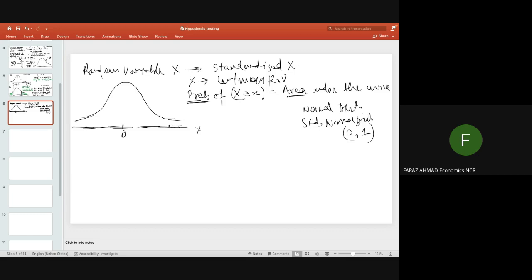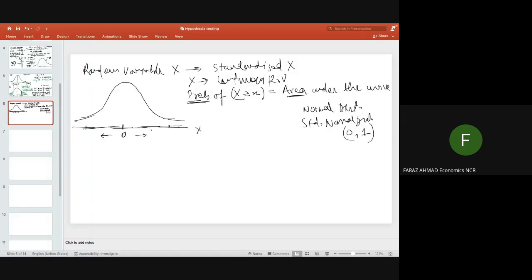Because we have shifted x to a new standard scale, the mean is in the center and it is 0. From there, we can move to values less than the mean and talk about their probabilities, and we can move to the right of the mean and talk about the values on the right side and their probabilities by looking at the area under the curve, right?